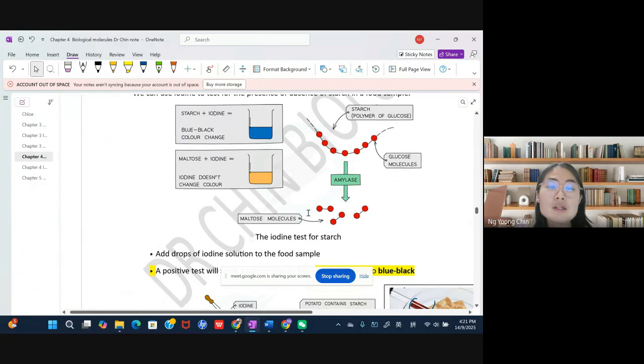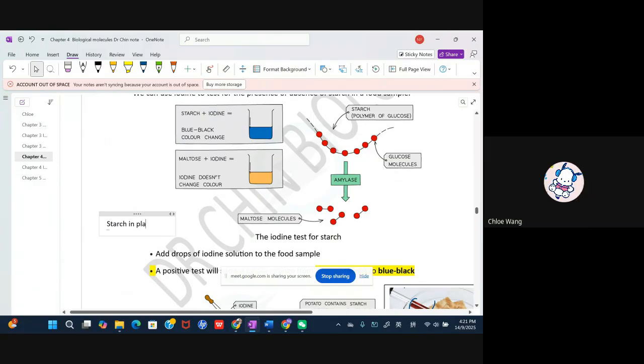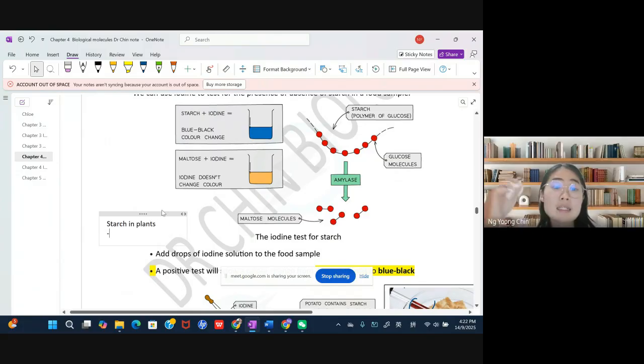Okay, so Chloe, why do the plants contain a lot of starch? It's because plants will undergo photosynthesis, right?